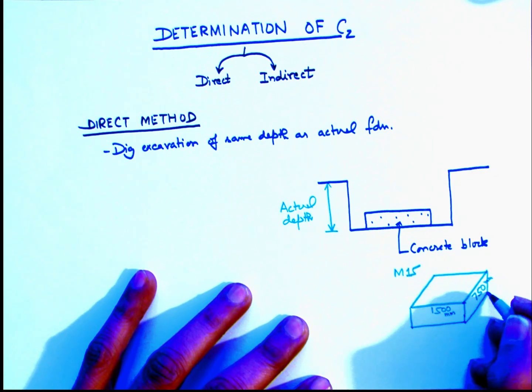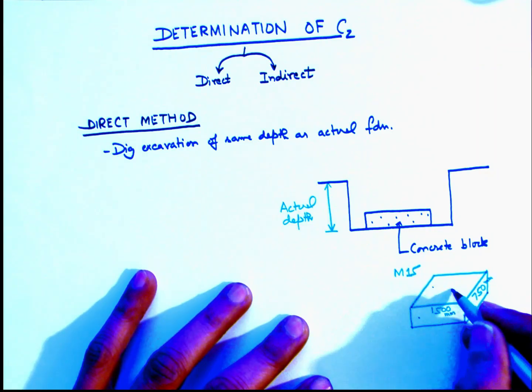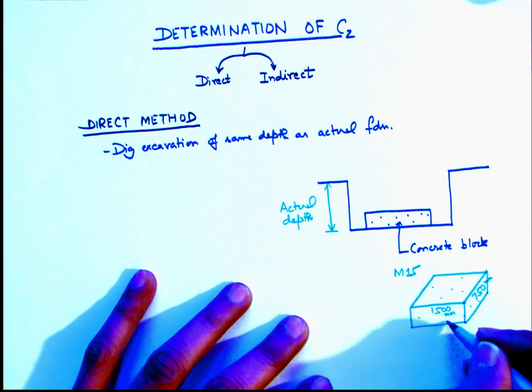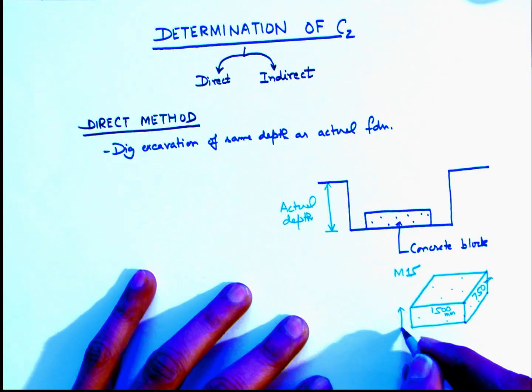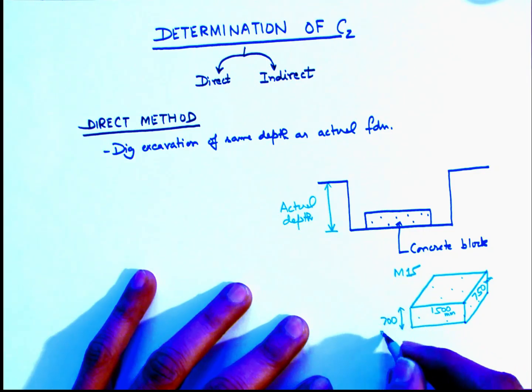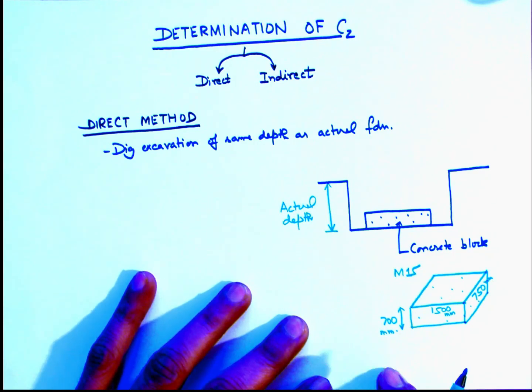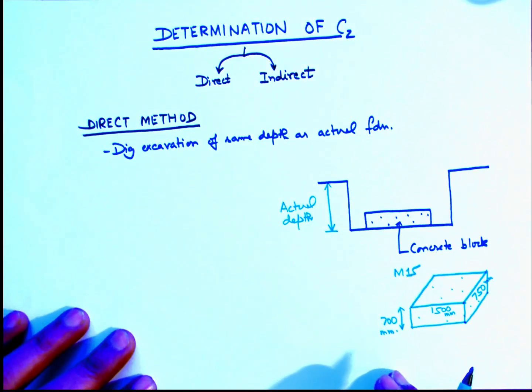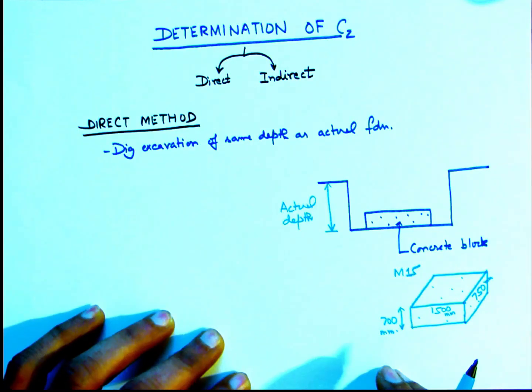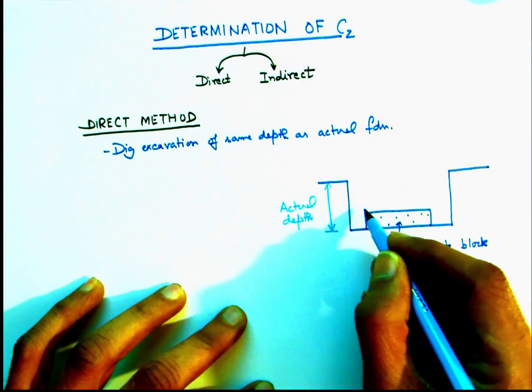So the dimension of 1500 mm should correspond to the rocking vibrations. Hence this longer side should be in the X direction. Of course, Z is the vertical direction, and the 750 mm length should be along the Y direction.